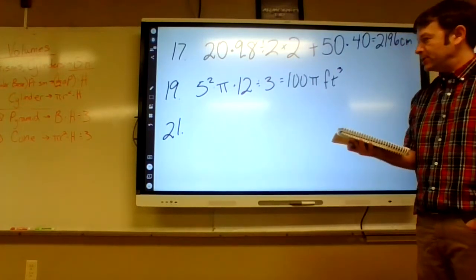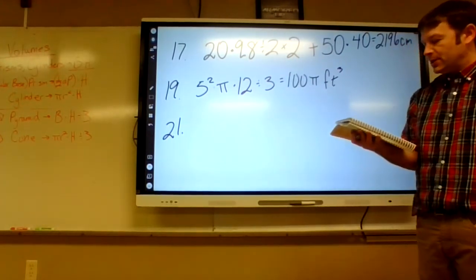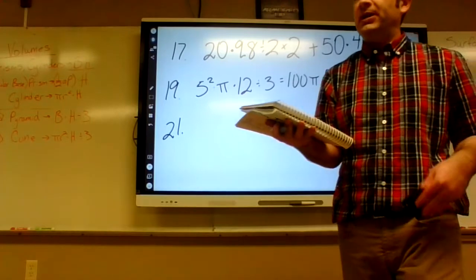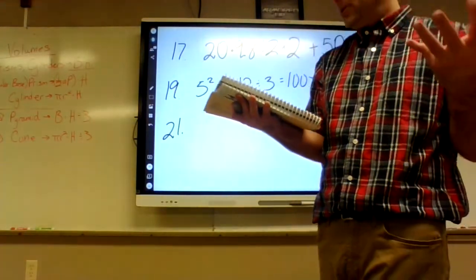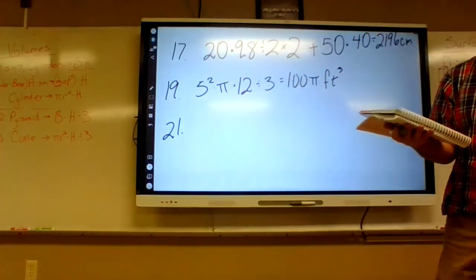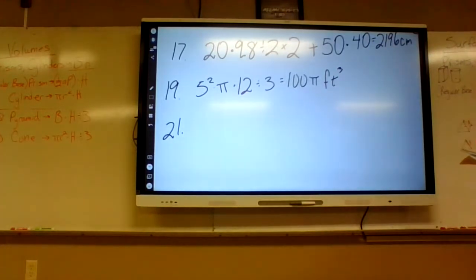Okay, 21 is asking for the lateral surface area. So just on that rectangular prism on the bottom, how do I find lateral surface area? Perimeter of the prism times height.